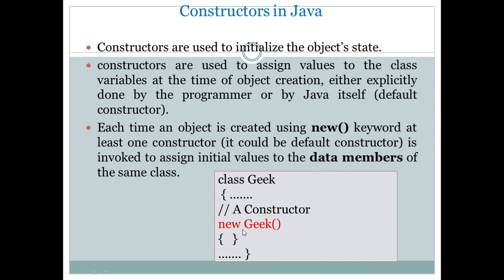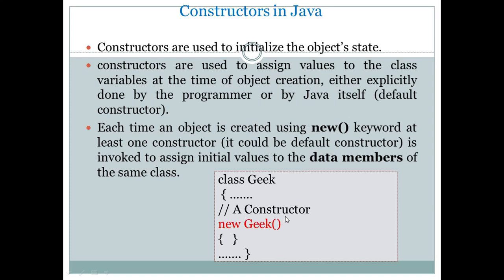The rule for creating a constructor is that it has the same name as the class name. And what is the job of a constructor? The job of a constructor is to initialize the data members. Now see here, I am having one class Geek, in which the data members and member functions are there.